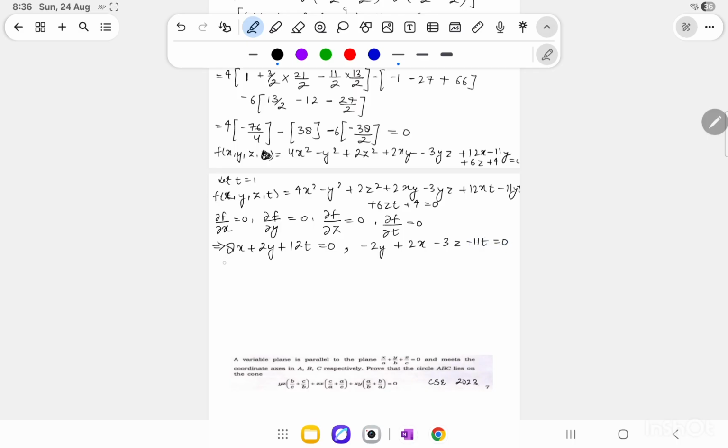Likewise, from the third one we'll get −3y + 4z + 6t = 0.